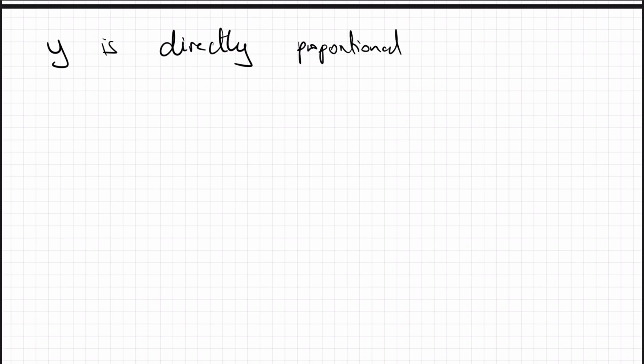But here's another question. Let's say y is directly proportional to x squared, and we'll give the initial condition when x equals 1, y equals 2. Again, first we need to split this up into two parts.